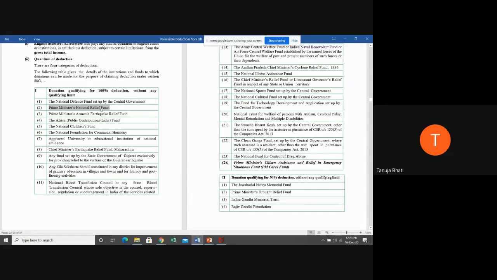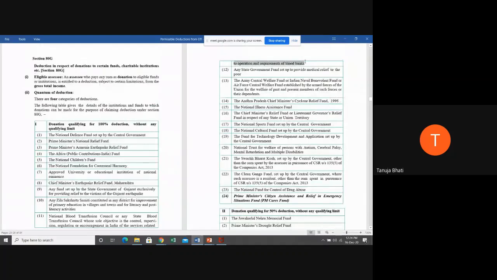If he is donating to the Prime Minister's National Relief Fund, Prime Minister's Armenia Earthquake Relief Fund, the Africa Fund, the National Children's Fund, the National Foundation for Communal Harmony, an approved university or educational institution of national eminence, Chief Minister's Earthquake Relief Fund, any fund set up by the state government of Gujarat exclusively for providing relief to the victims of the Gujarat earthquake, any Zila Saksharta Samiti constituted in any district for improvement of primary education in villages and towns for literacy and post-literacy activities, the National Blood Transfusion Council or any State Blood Transfusion Council whose sole objective is the control, supervision, regulation or encouragement in India of the services related to operations and requirements of blood banks, and so on.